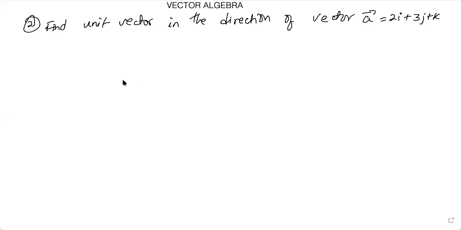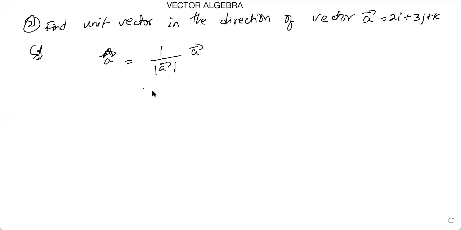So let us find the unit vector. That will be a cap, which is equal to 1 by mod a into a.